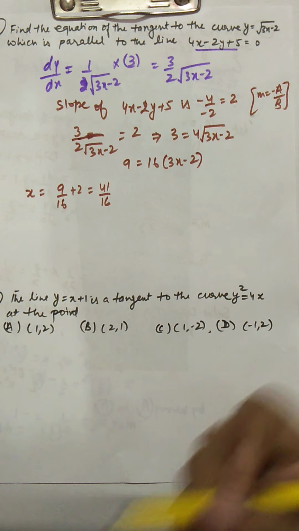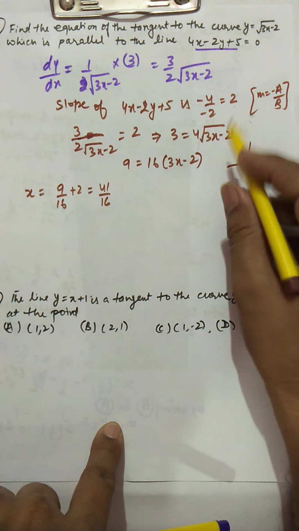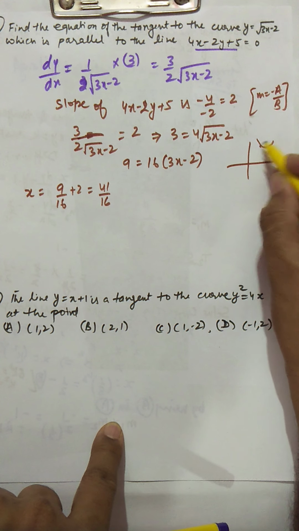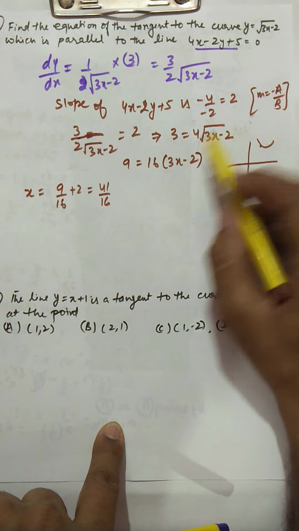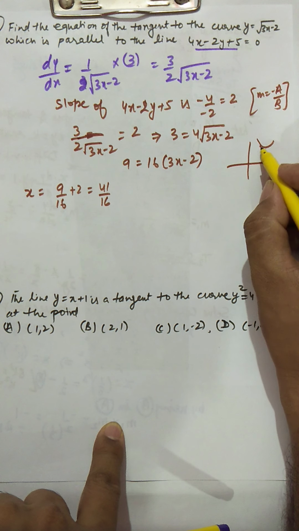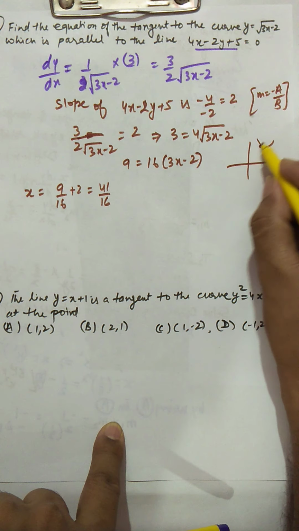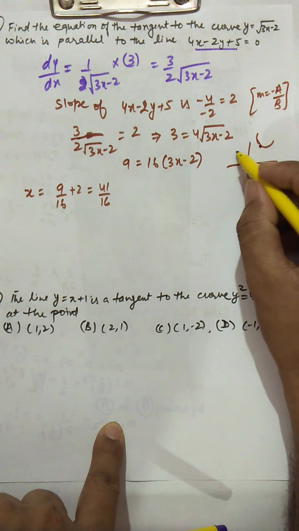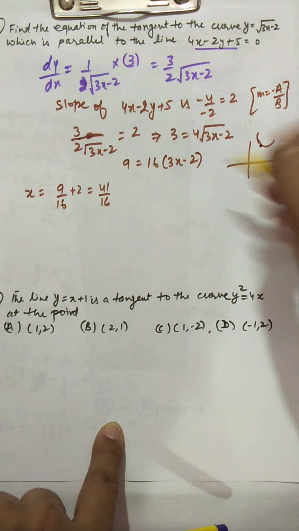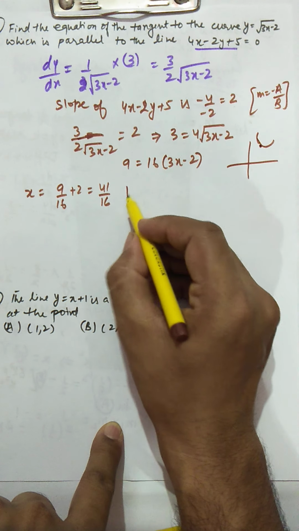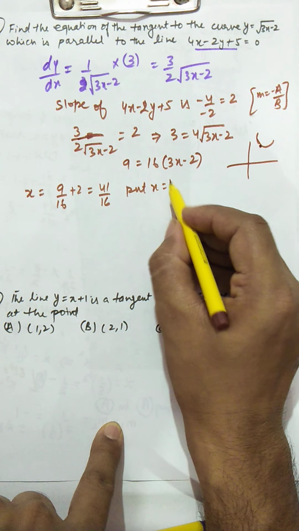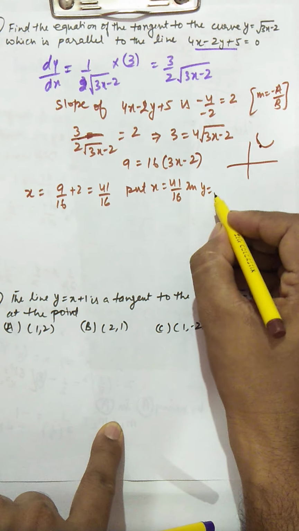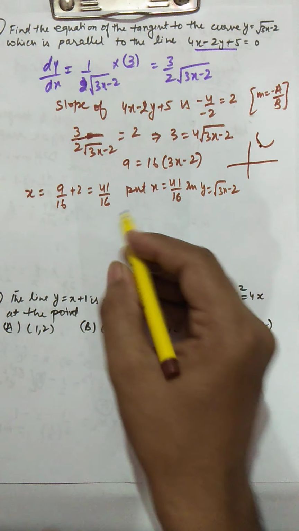You have to put it in the curve, because according to the question, the point with x equal to 41 upon 16 is on this curve, so y will also be on this curve, and this line can be anywhere. So we'll put x equal to 41 upon 16 in y equal to root 3x minus 2.